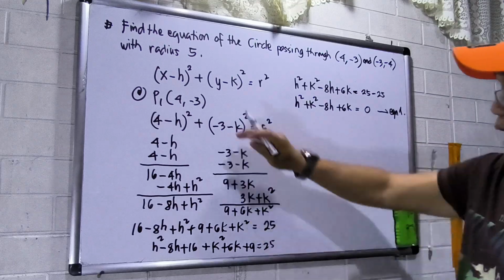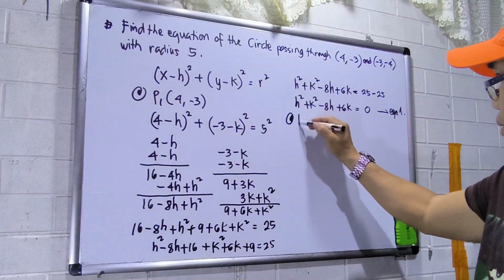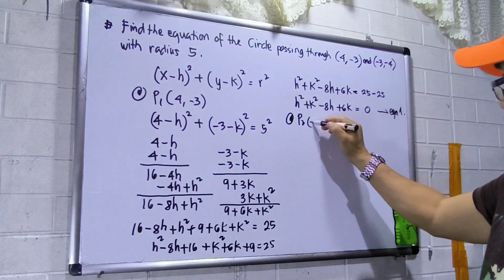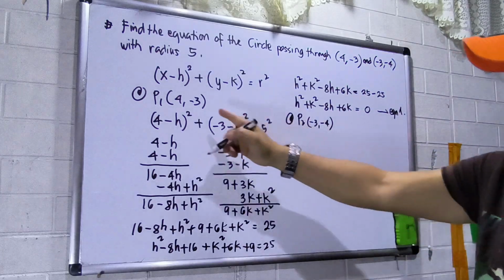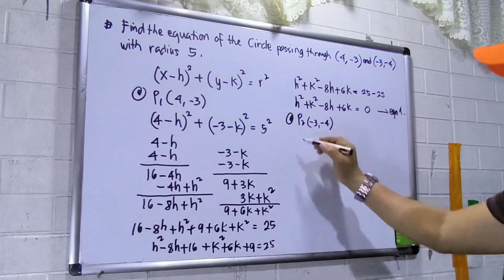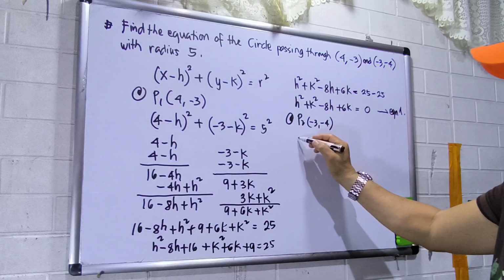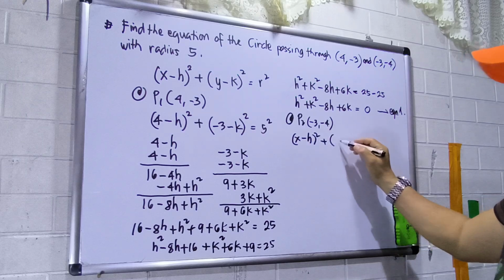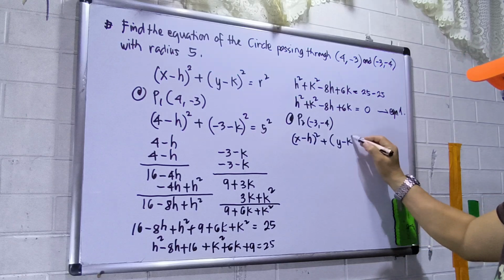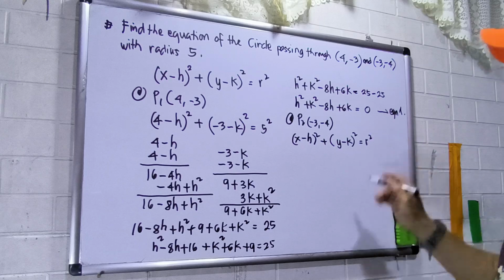Okay? Then at point 2, I have negative 3 and negative 4. So the same, I will use this kind of equation. So (x minus h) squared plus (y minus k) squared is equal to r squared.